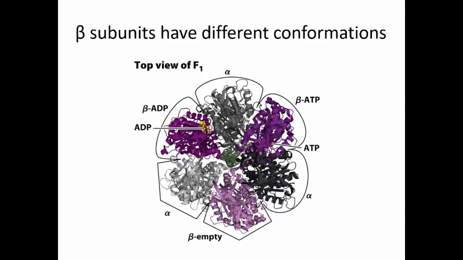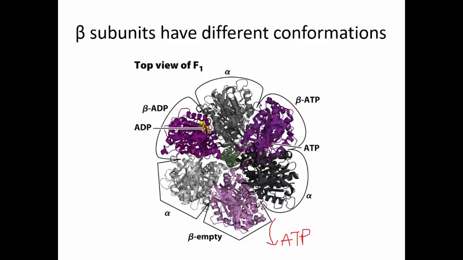When it moves over here, it changes conformation slightly, and that is when it becomes favorable for ADP to react with phosphate and then to become ATP. But this domain, it has changed configuration so that it doesn't want to hold on to ATP anymore. So when it shifts around here, the ATP falls off.